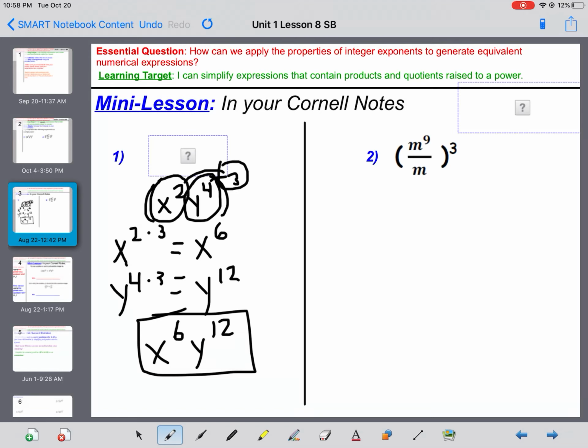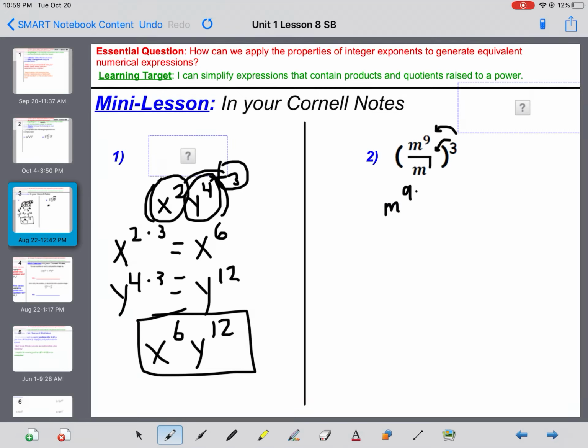For number 2, instead of multiplication between two different powers, there's division. We have m to the 9th divided by m. Technically, this is to the 1st power, right? So we can distribute the 3 to the 9 and to the 1.